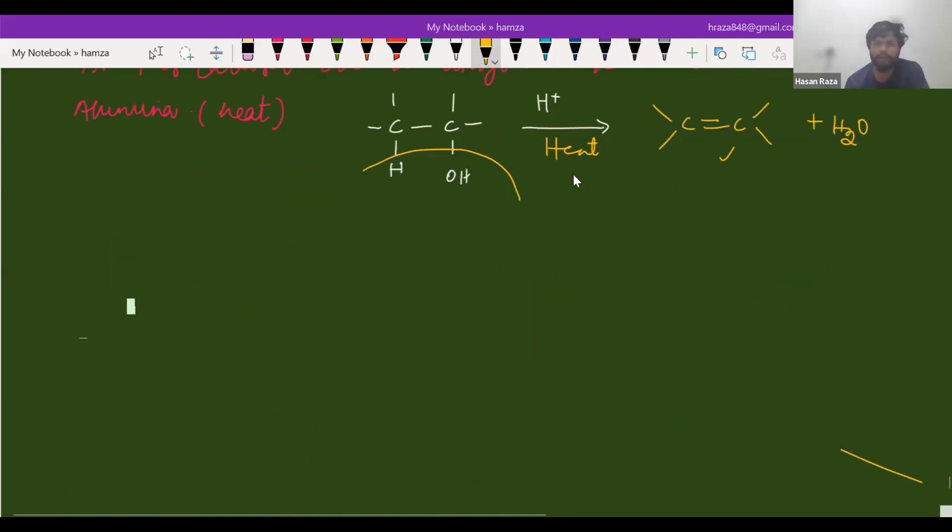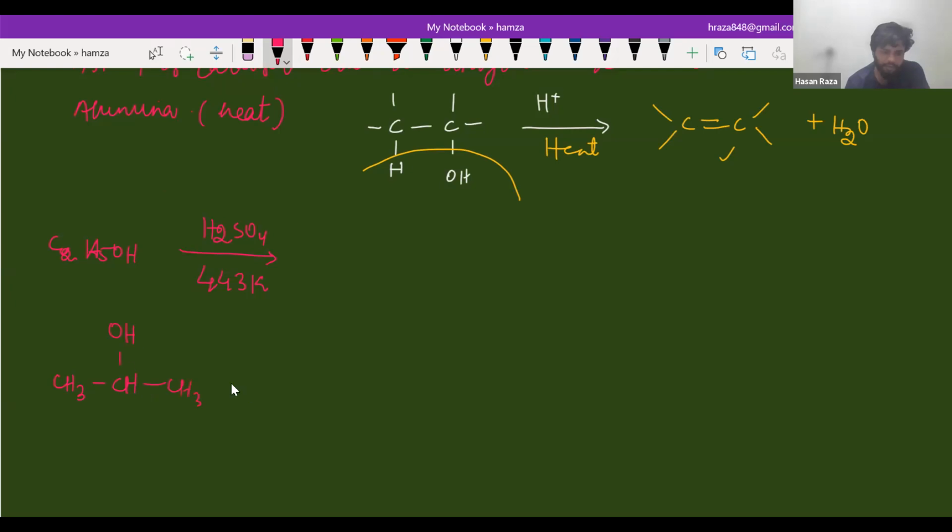Now see, just let me know the name of the product. If I react C2H5OH with concentrated H2SO4 at 443 Kelvin, and if you have secondary alcohol like CH3CH(OH)CH3, then you will see the condition is lower than the primary.